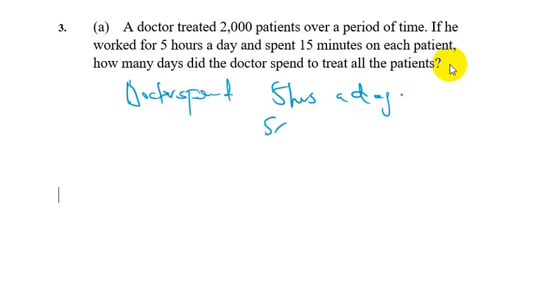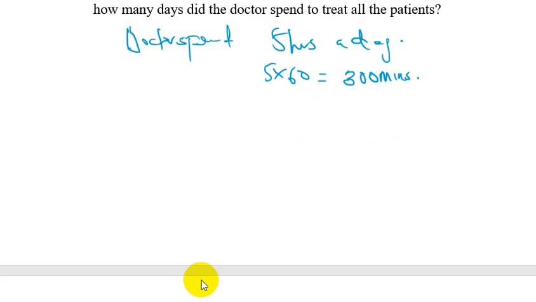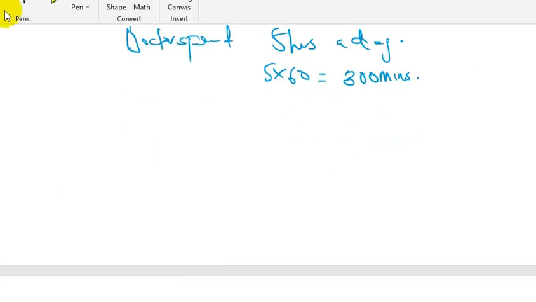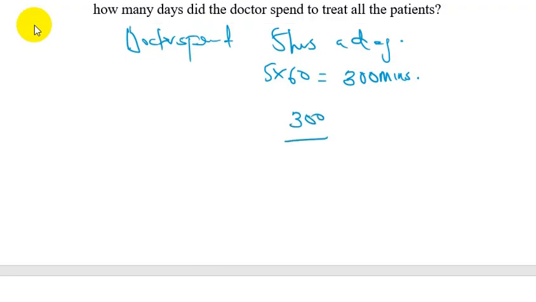So it will be 5 times 60, that is 300 minutes. So now, to get the number of treatments a day, we will take the 300 and divide it by the 15 minutes, and that's going to give us 20 patients.